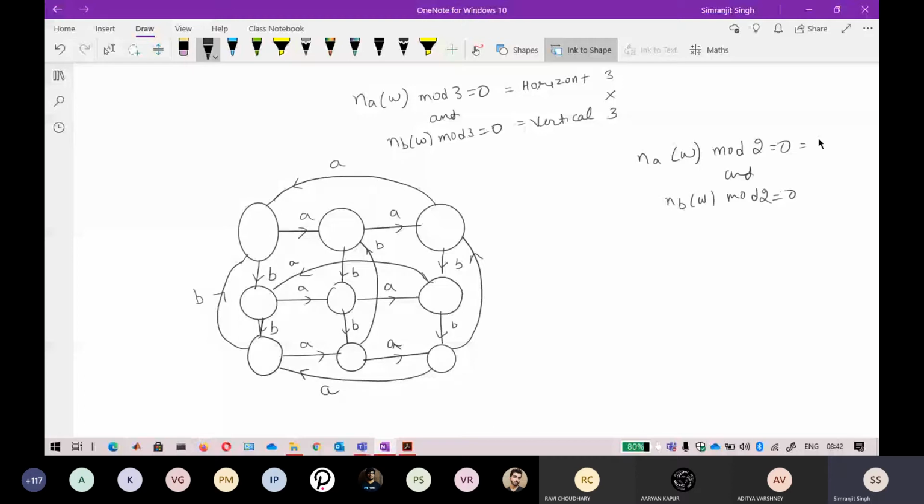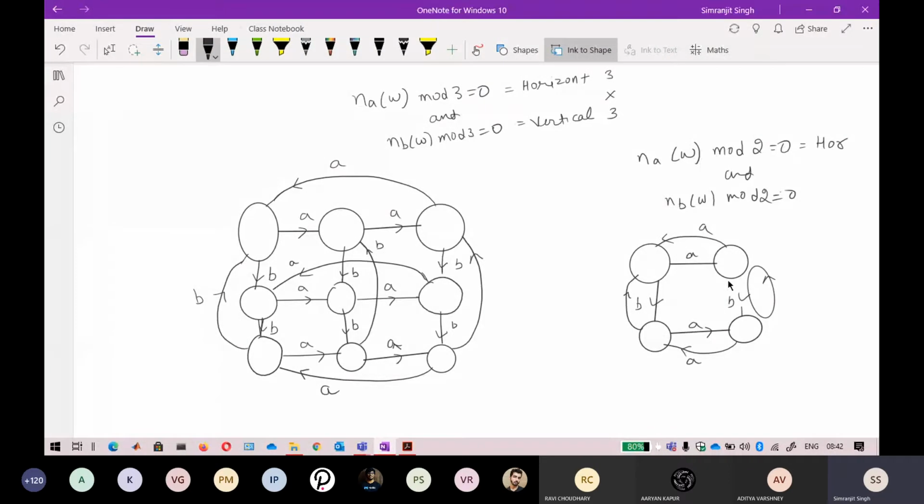I take this one as horizontal and draw again: this is your A, and this is your B. In the same way, you draw A on the horizontal part and B on the vertical part.